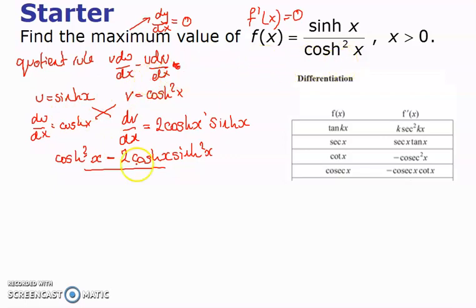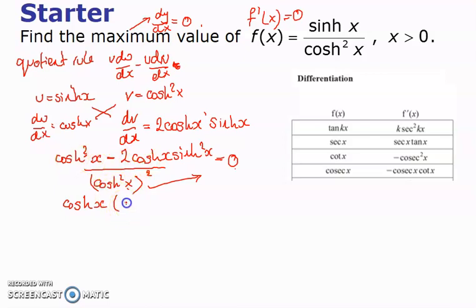What was v? It was cosh squared x, squared, and that equals 0, because that's what we've said it equals up here. So what's that going to give me? Right, first of all, when you move that over, that times 0 is 0. So I can effectively ignore that, and I can also take out cosh x as a common factor.